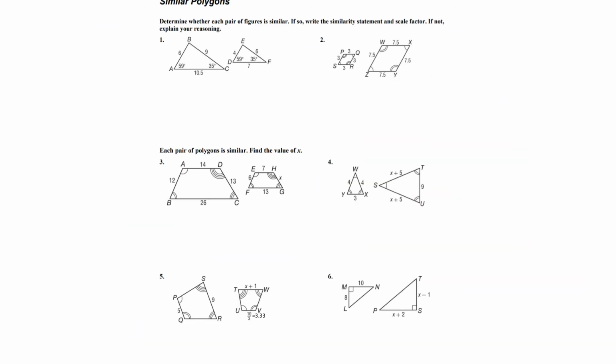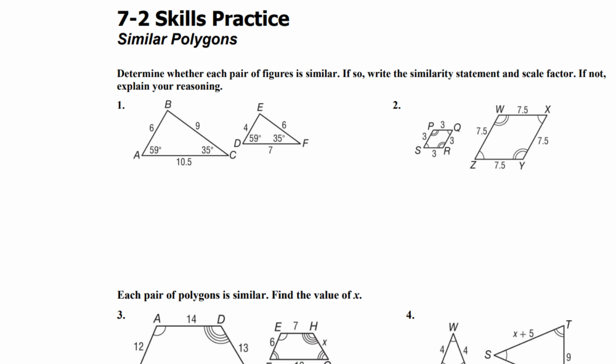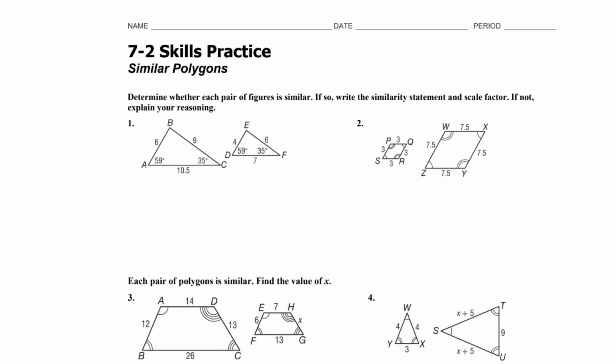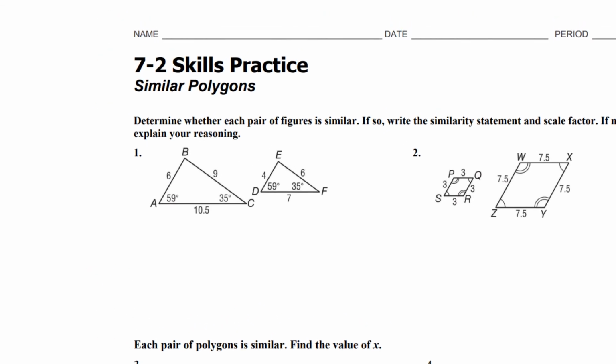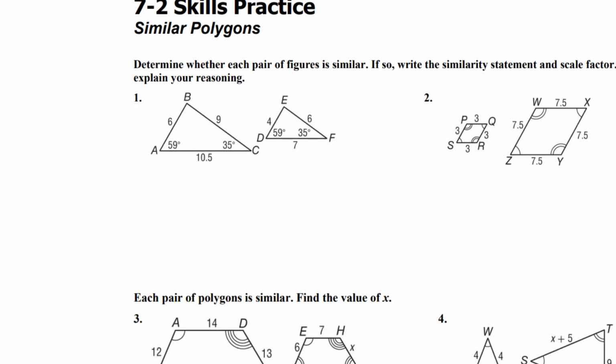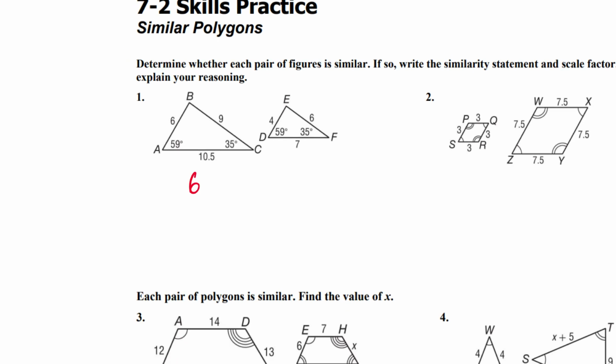Okay, real quick, let me help you get started on this assignment. So the first two, you're doing like what we did on the first few problems in our notes. All you're doing is saying if it's similar or not. So like on number 1, you're going to put 6 is to 4 as, what else? 9 is to 6 as 10.5 is to 7.